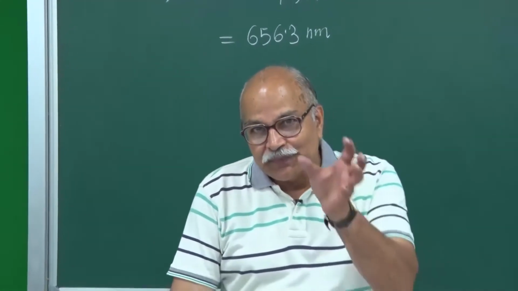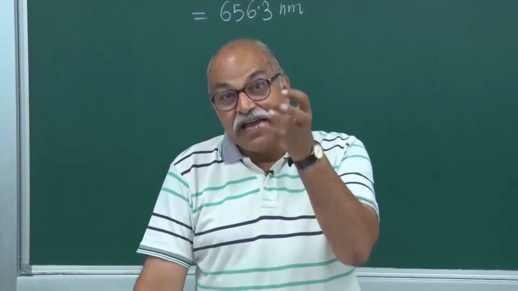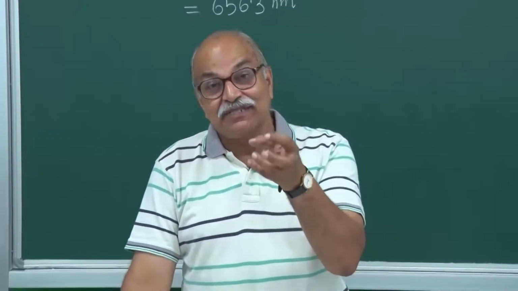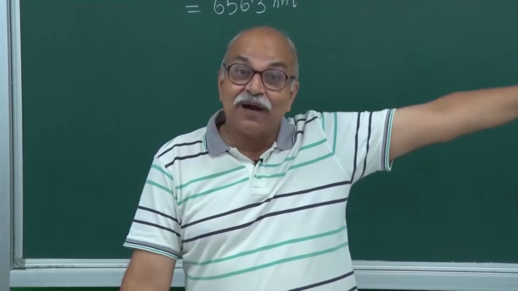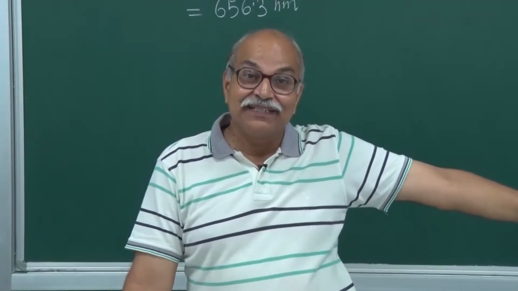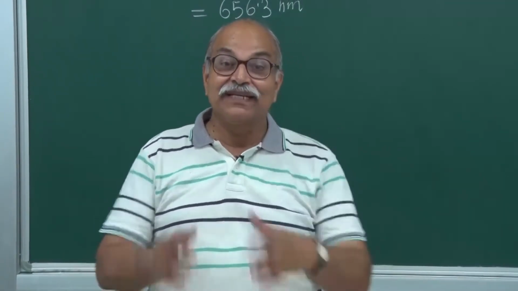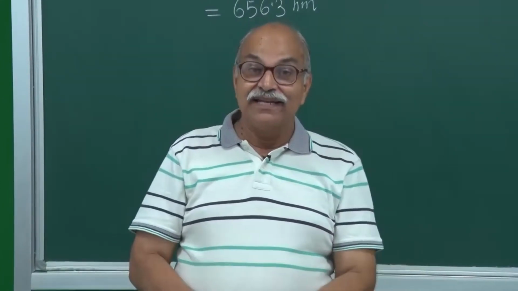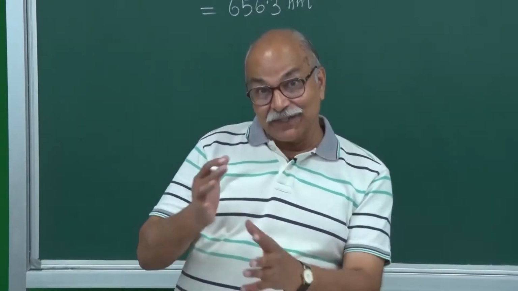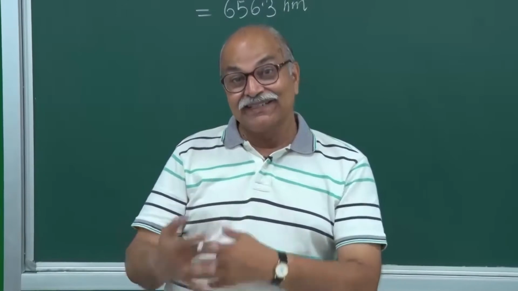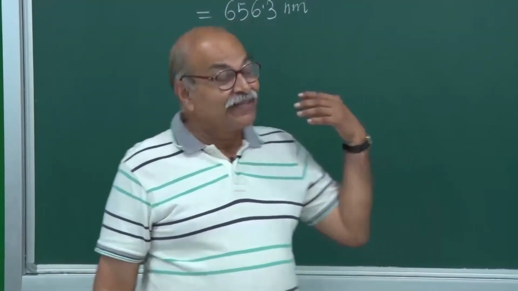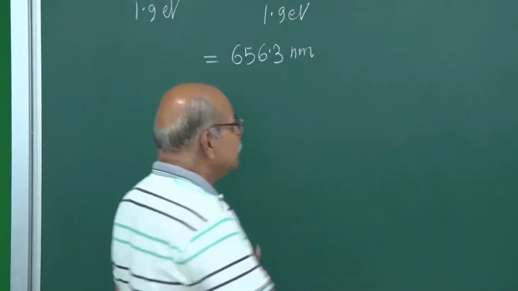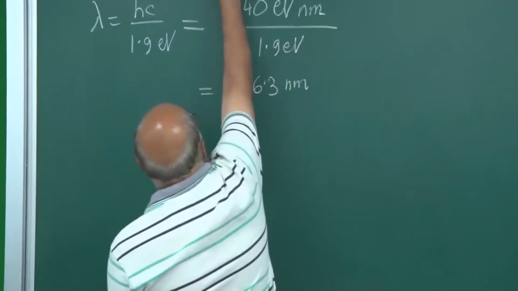So to explain that wavelength emitted by hydrogen atoms, so much hard work had to be done. Then one could come up with a model or theory that this is what happens inside the hydrogen, and that is how this is emitted. This is n equal to 3 to n equal to 2.